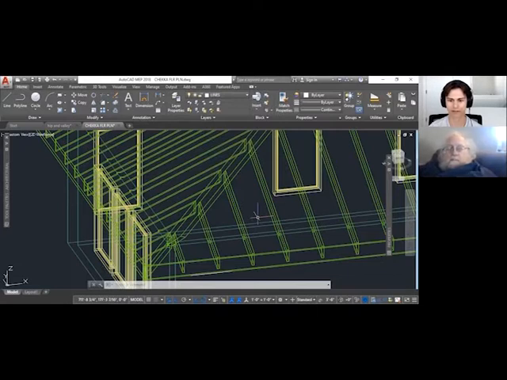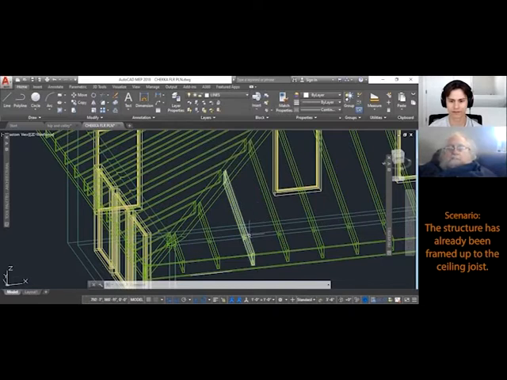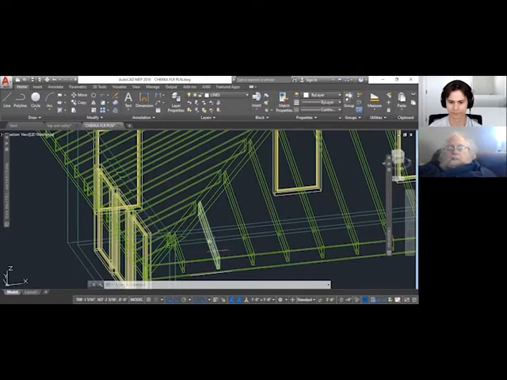So it's already joisted, and I have to tie my rafters to a ceiling joist. So I'll pull over whatever dimension I've got from the outside of the building to the ceiling joist, if I want to tie on that side of the ceiling joist.